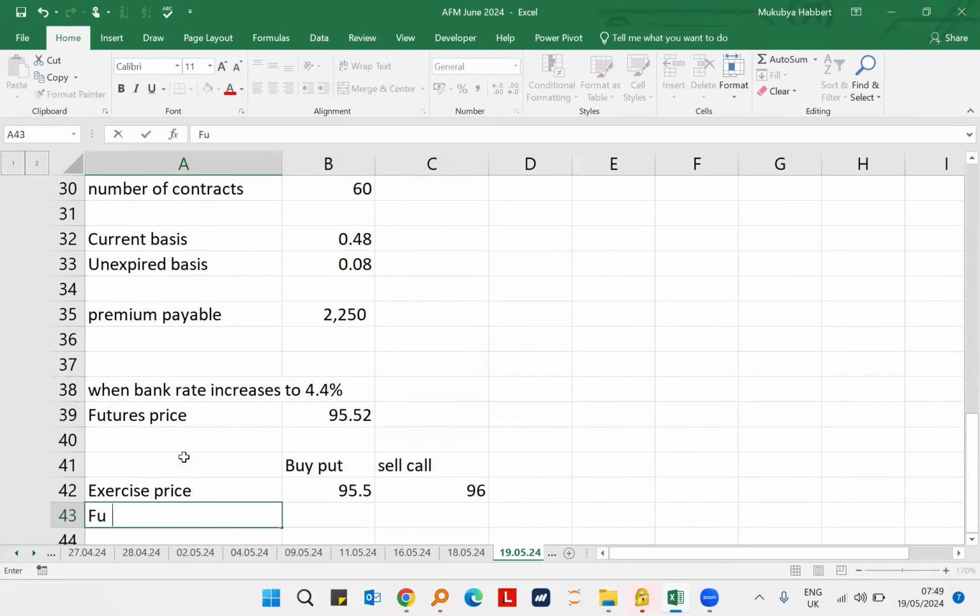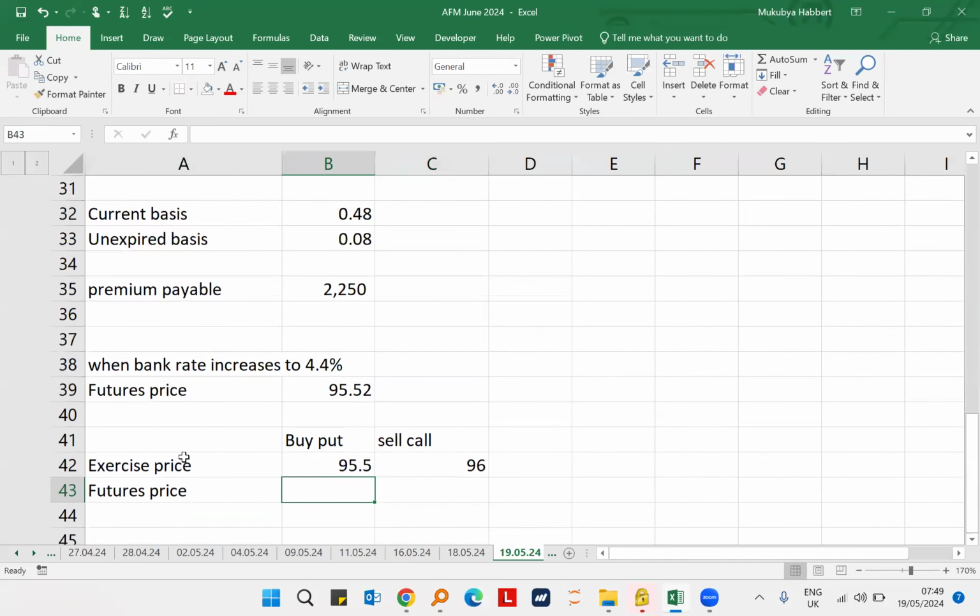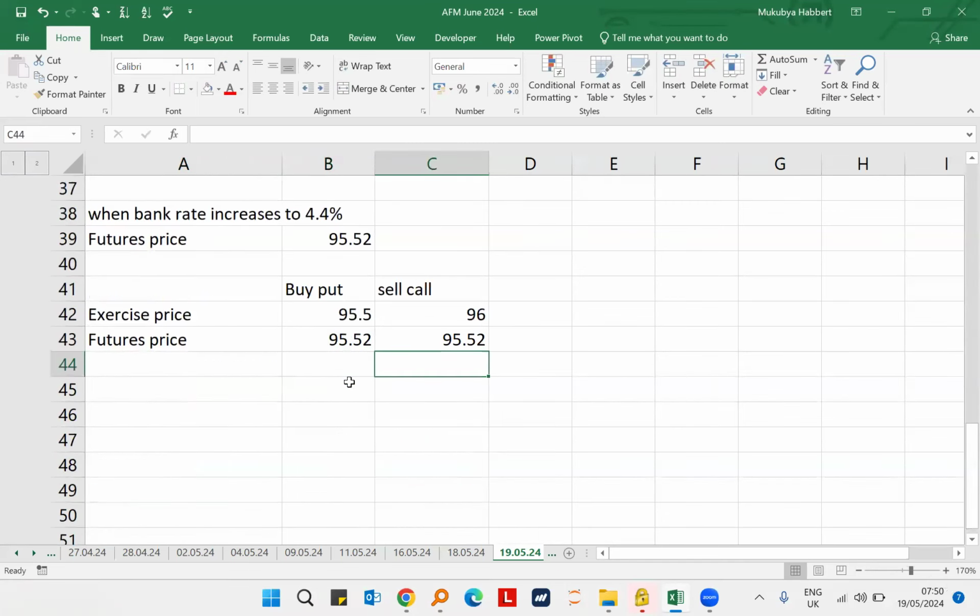Then the futures price, we have just calculated it at 95.52. Now, the question is, should you exercise?